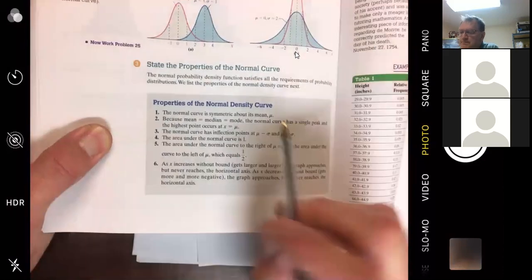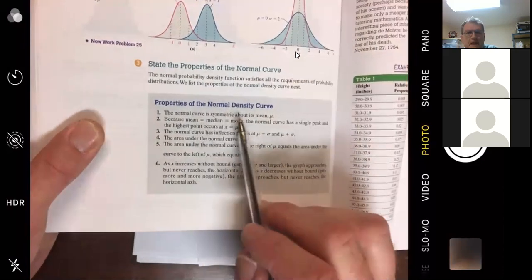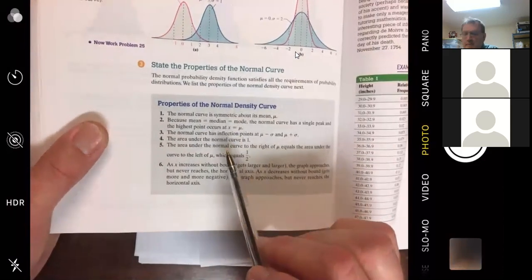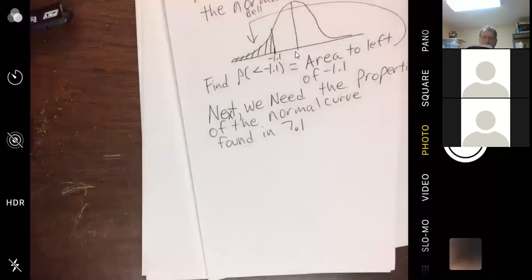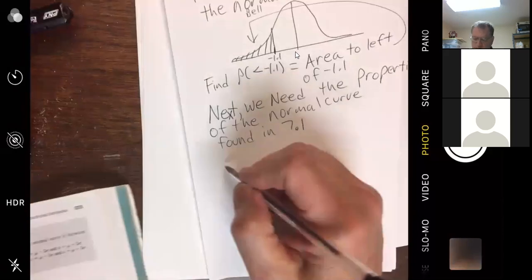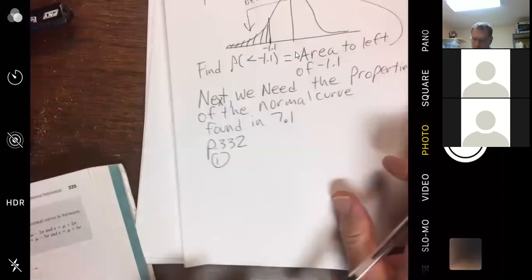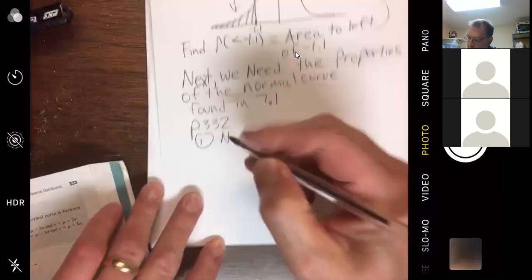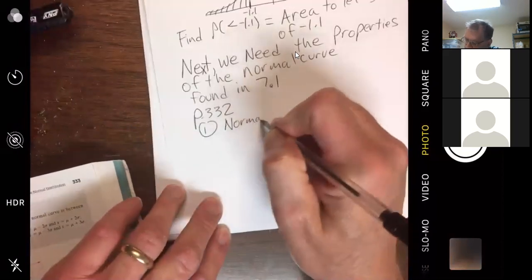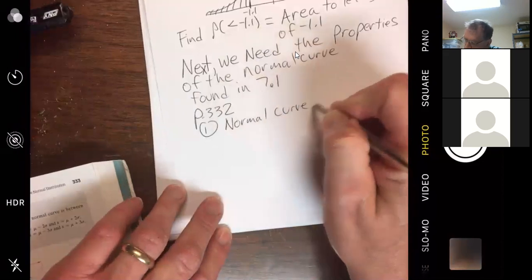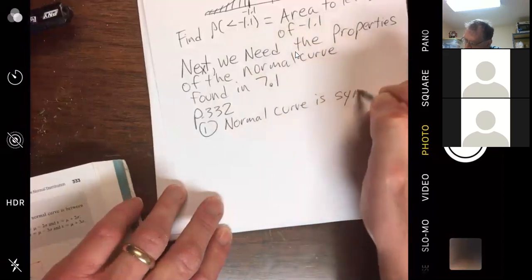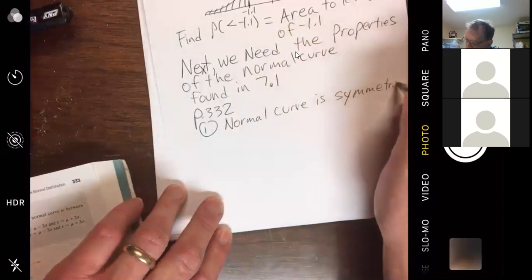Page 332. All right, I'm not going to write all of these down. I'm just going to highlight the ones that are super important. Page 332, number 1, the normal curve is symmetric about the mean.